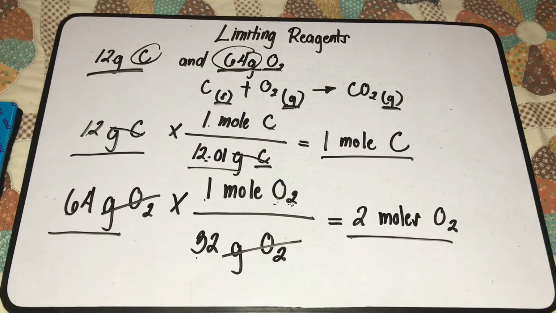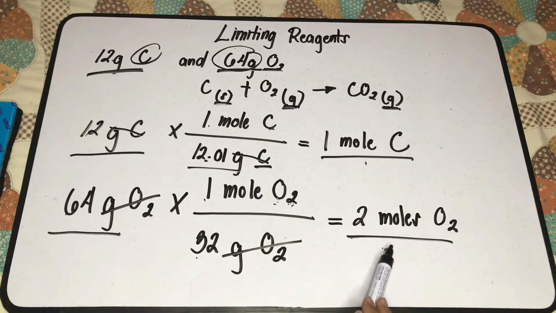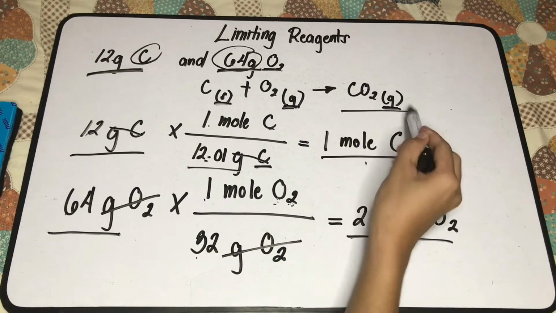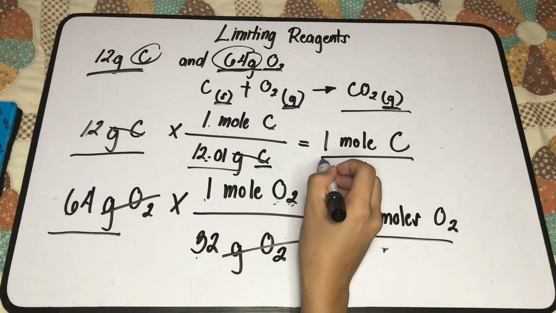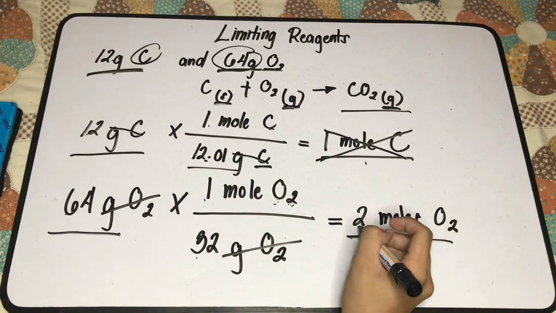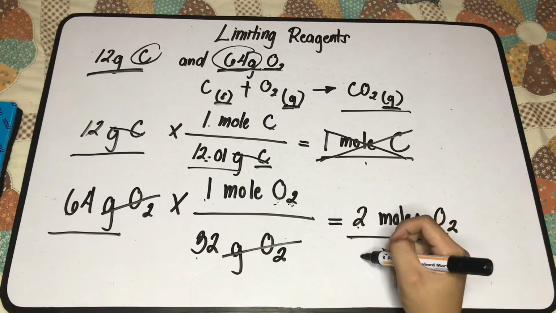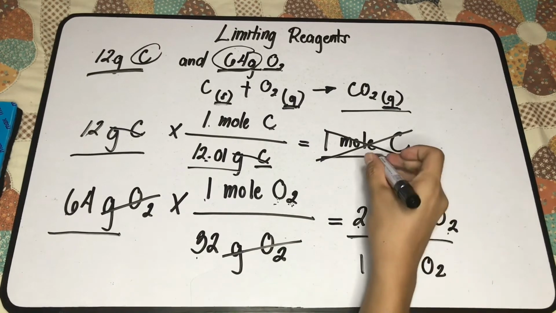So, dito naman, since 1:1 yung ratio natin, sa kada isang carbon, makakakuha tayo ng isang oxygen gas para makagawa raw ng carbon dioxide. Therefore, kapag itong isang carbon na gamit na, mababawasan din tayo ng 1 mole ng oxygen gas. So, may matitira pang 1 mole, if ever. Kukuha na tayo ng 1 mole ng carbon.